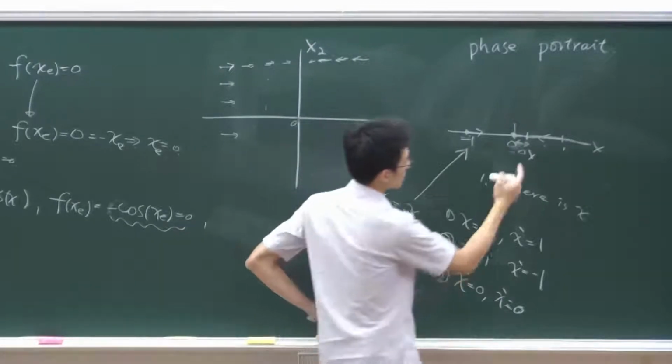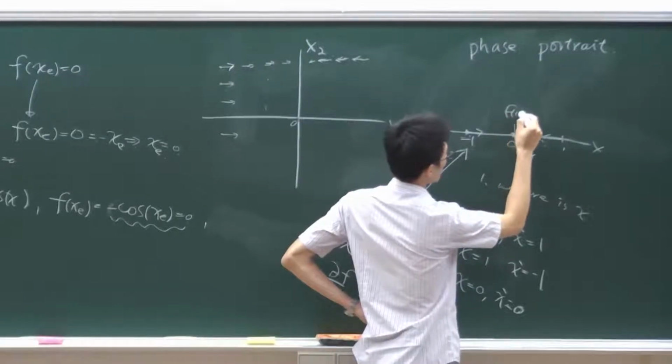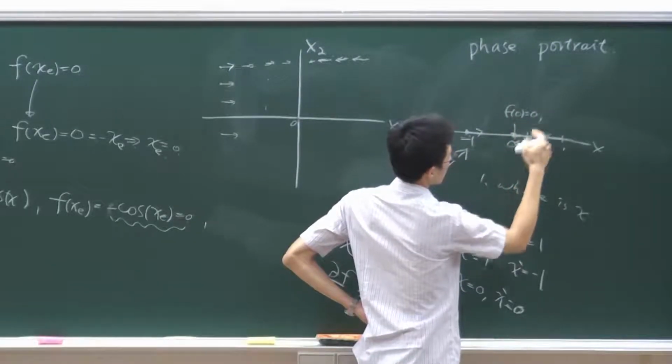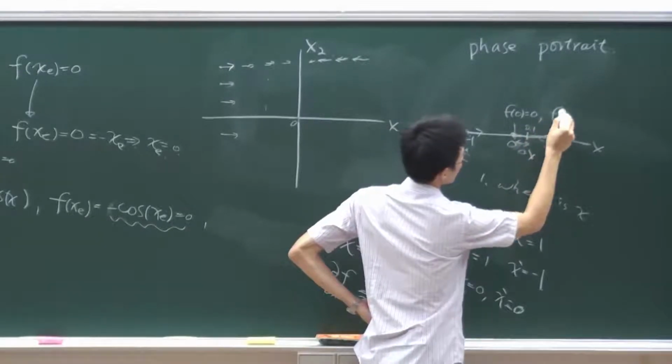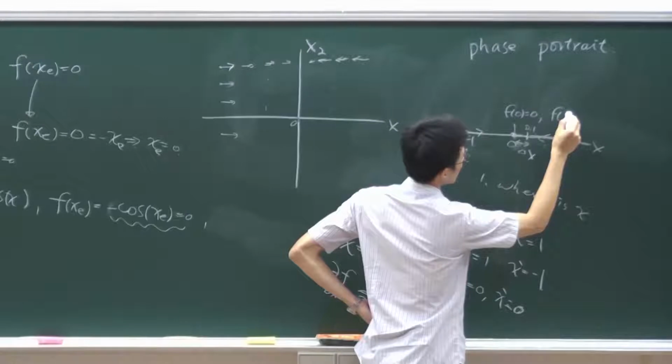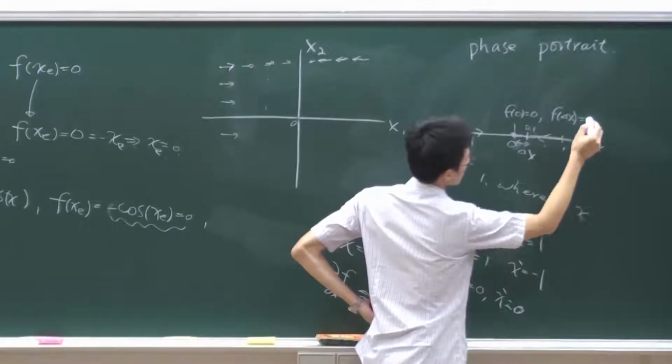In this case, f here is 0, right? Say f 0.1, delta x will be what?